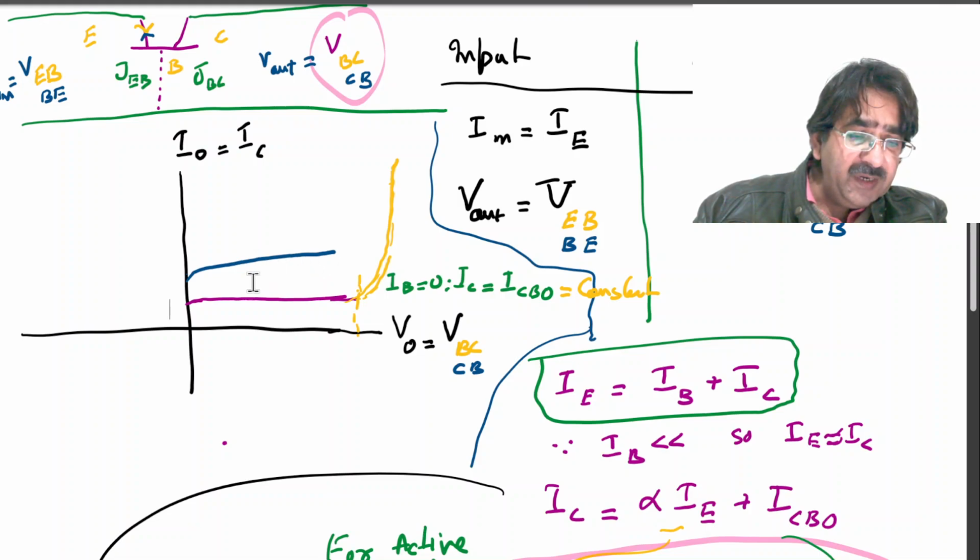The slope will not be zero here, but for the other it will be exactly constant. There will be some early effect too, but I will explain it later.